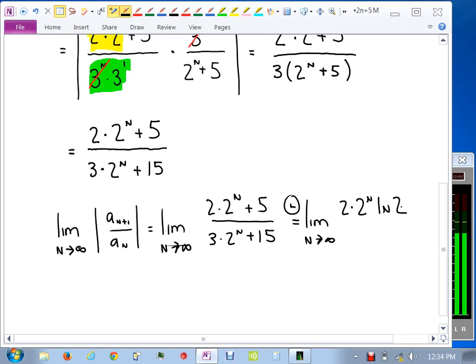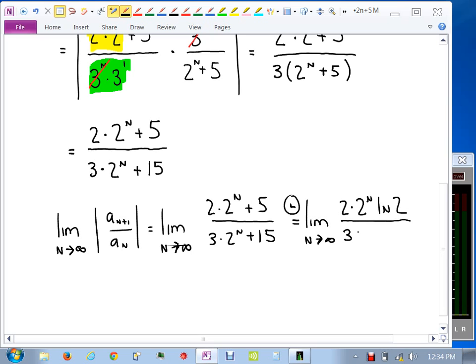So what I'm doing here, covering up this 2, derivative of 2 to the n is 2 to the n natural log 2. But then times 2, what's the derivative of 5? 0. Down here, cover up the 3, what's the derivative of 2 to the n? 2 to the n natural log 2, right? Times 3, what's the derivative of 15? 0. So what's the bottom going to be?